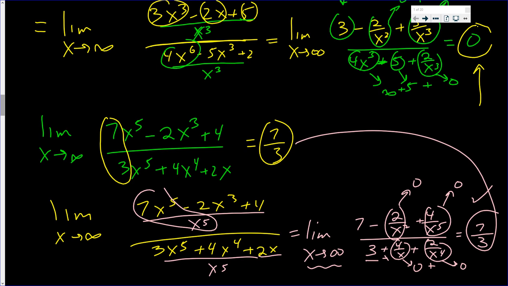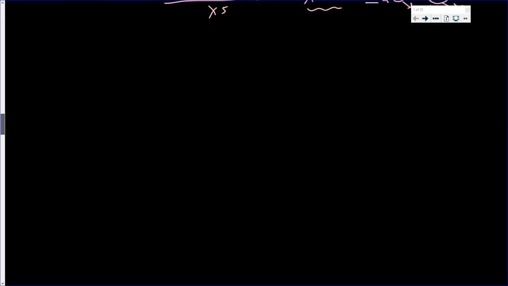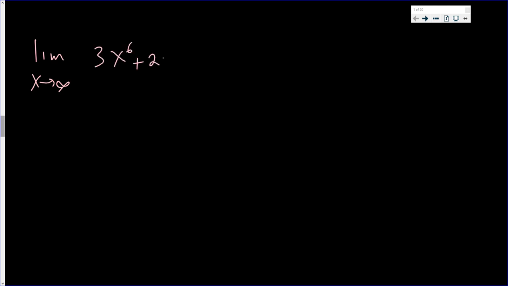Let us try one more. Suppose we have the limit as x goes to infinity of 3x to the 6th plus 2x minus 11 all over 22x to the 4th plus 3x cubed plus 9x.